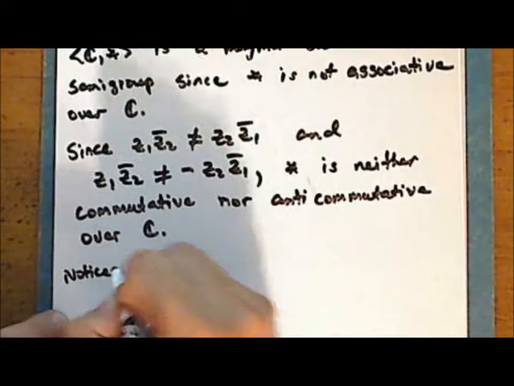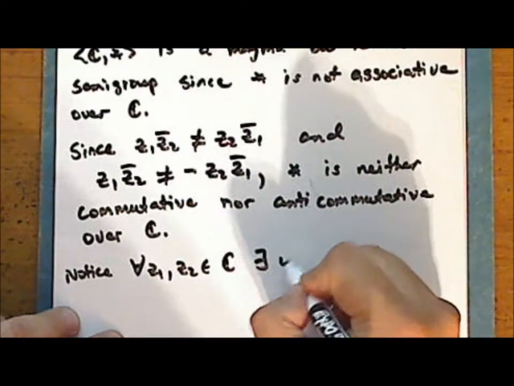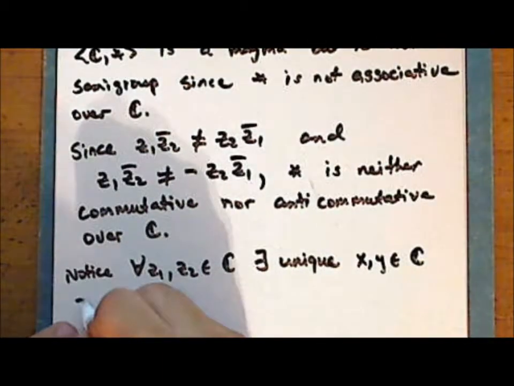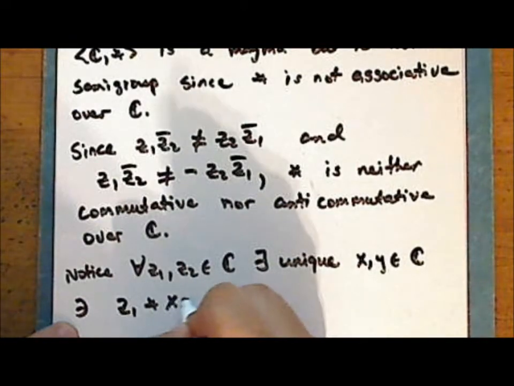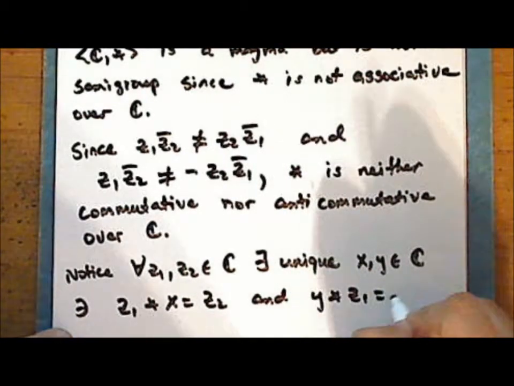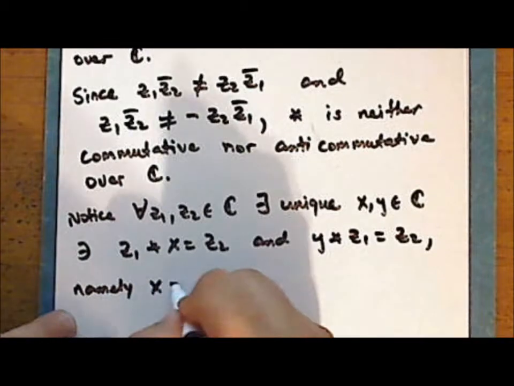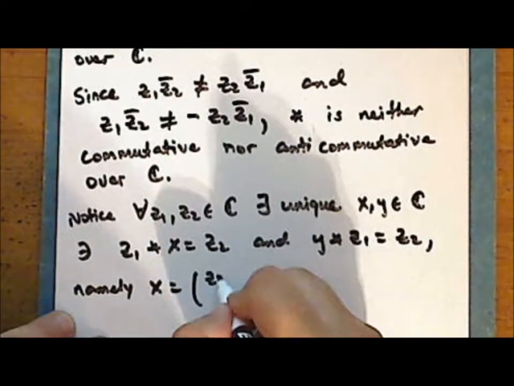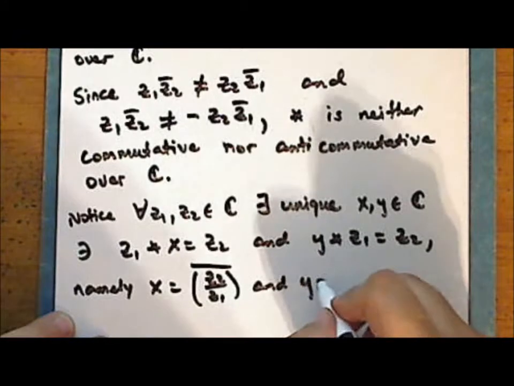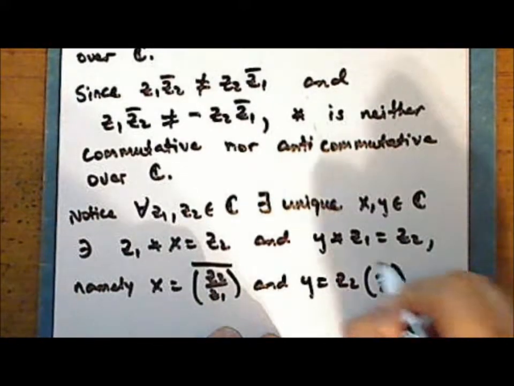Now notice that for every pair of complex numbers, z1 and z2, there exist unique complex numbers x and y, such that z sub 1 star x gives z sub 2, and y star z sub 1 gives z sub 2, namely, x is the conjugate of the quotient z1 over z2, and y is the product of z2 with the conjugate of the reciprocal of z1.